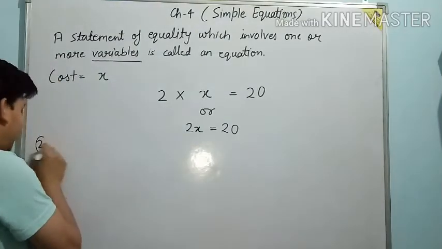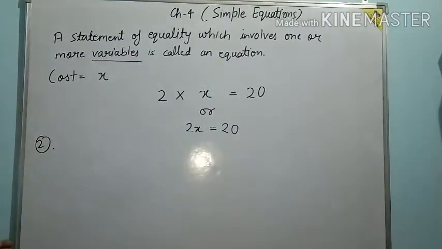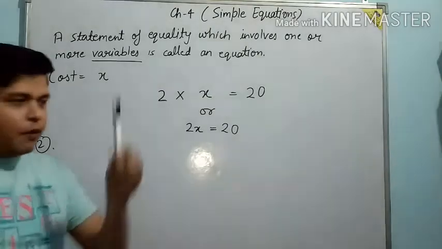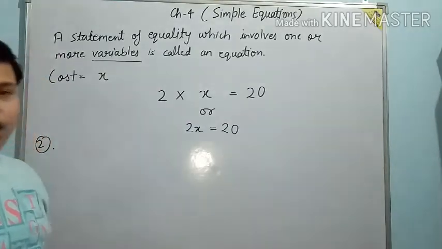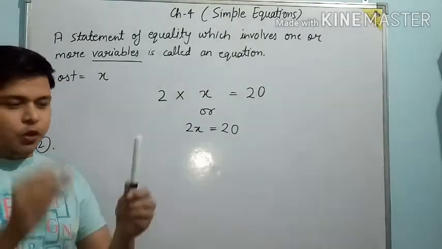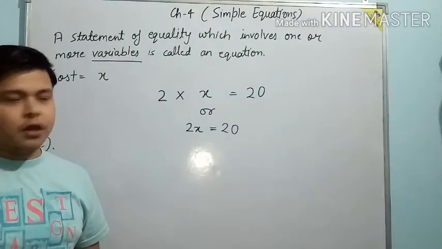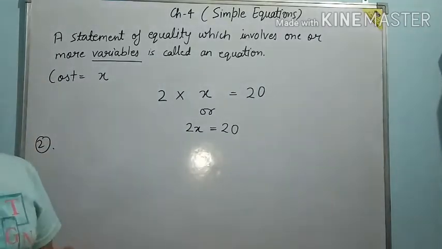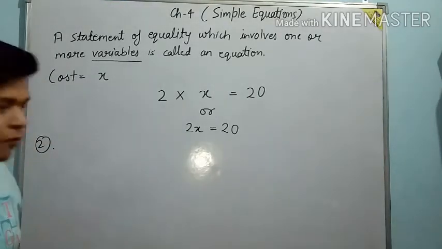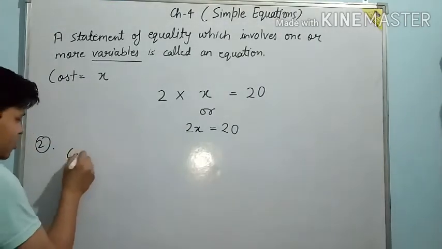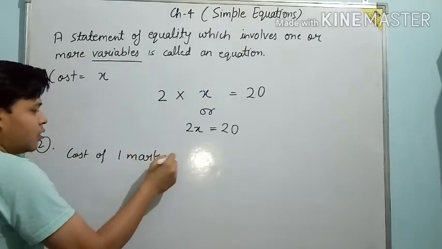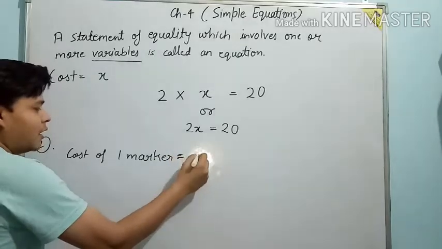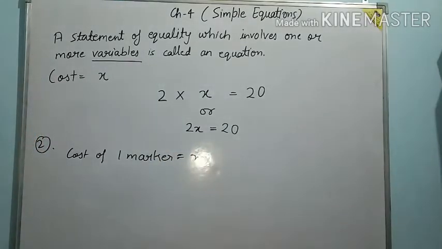Say example number 2. Now I want to buy 1 marker and 2 bottles of ink, which we use to fill this marker. I want to buy 1 marker, but I don't know the cost of the marker, so I use here: cost of 1 marker is x, right?